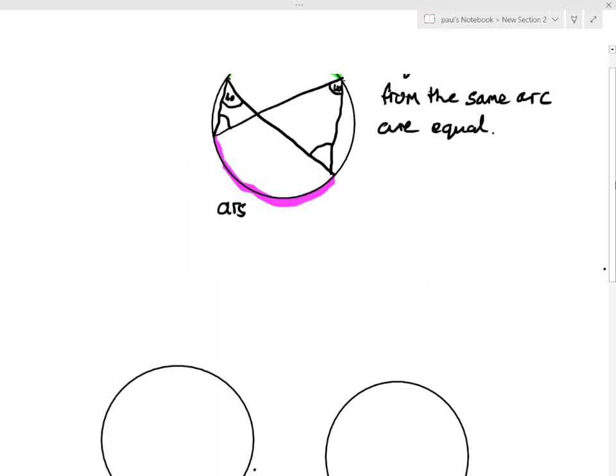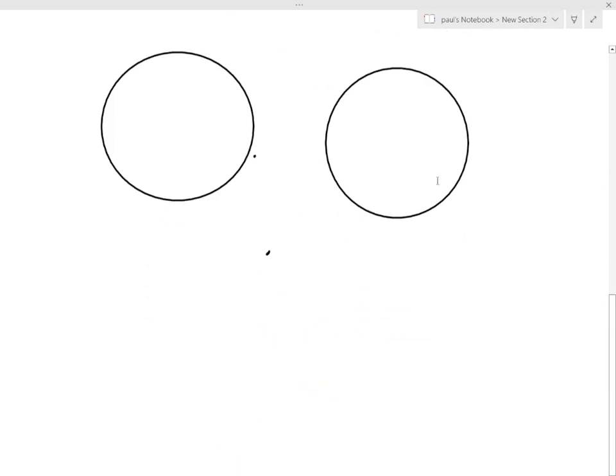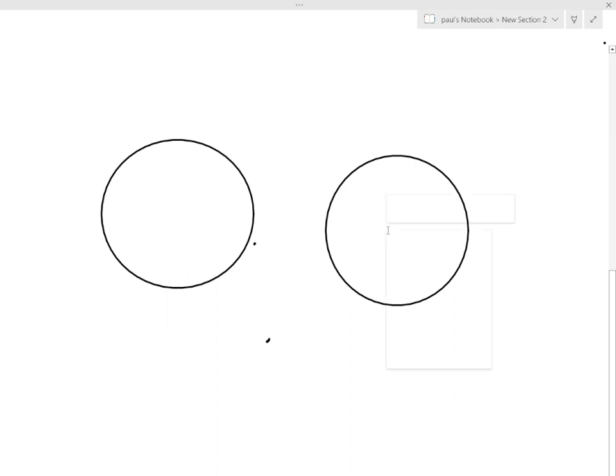Right, so let's do two quite complicated ones, yeah?